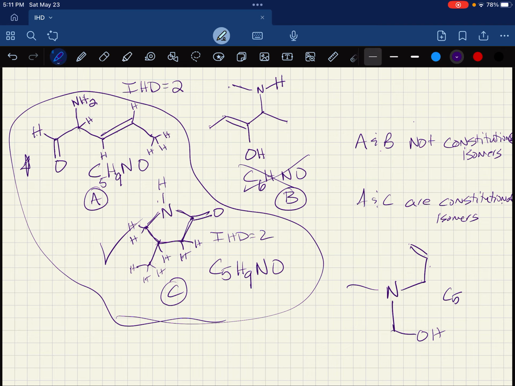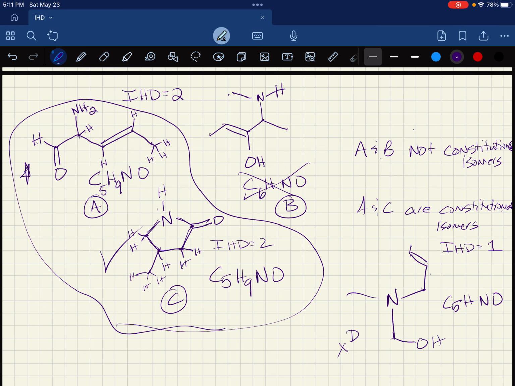Okay, C5, H something, and then NO. So I've got the right number of nitrogen atoms, the right number of oxygen atoms. Okay, got the right number of carbon atoms, but my IHD here is only 1. So this is not going to have the right number of hydrogen atoms. So D is not going to be a constitutional isomer of A and C, or of B, because they have different number of carbon atoms. So I'll double check this, but it should be a different number of hydrogen atoms since the IHD is different.